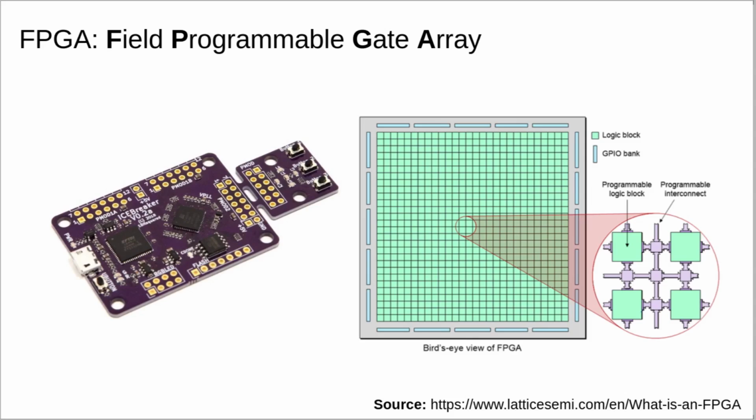These logic blocks can be programmed using lookup tables or, for example, small memory elements like D flip-flops, and can be connected to each other through the programmable interconnect lines. In this way, we can define any logic circuit that we would like to have at the hardware level.